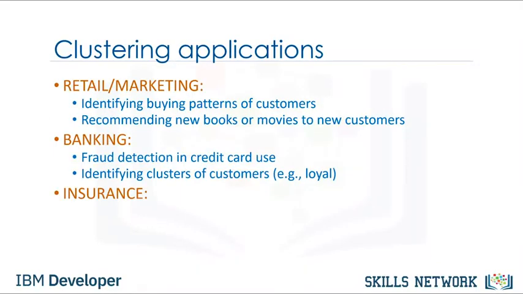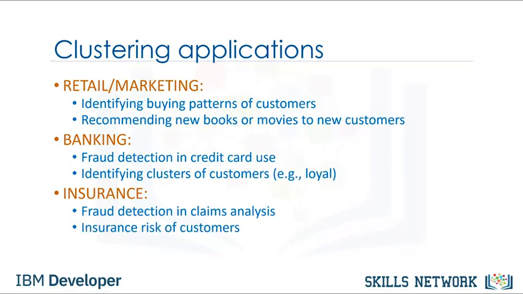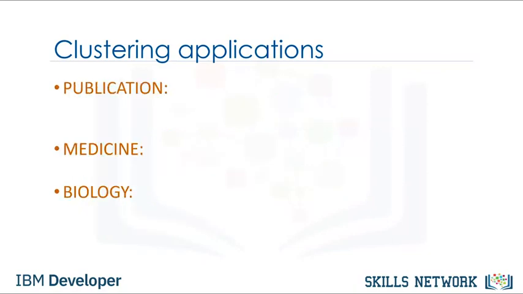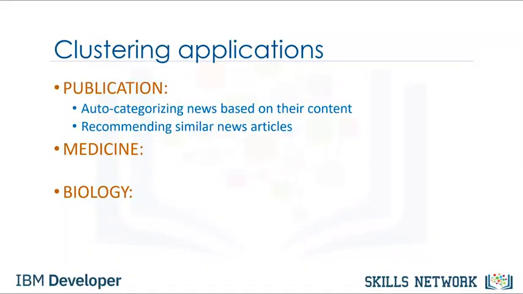In the insurance industry, clustering is used for fraud detection in claims analysis, or to evaluate the insurance risk of certain customers based on their segments. In publication media, clustering is used to auto-categorize news based on its content, or to tag news, then cluster it so as to recommend similar news articles to readers.